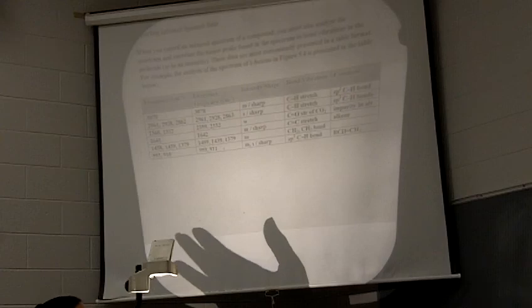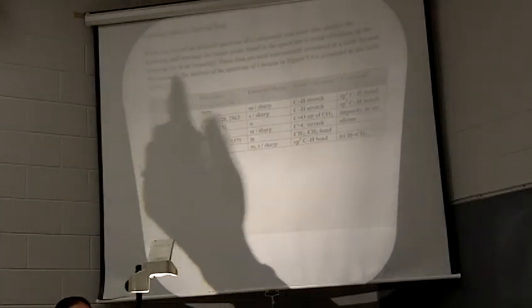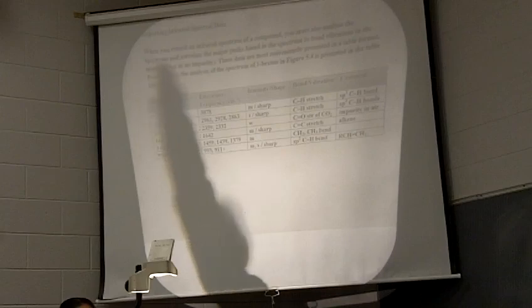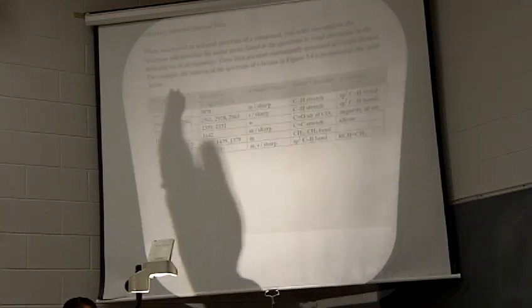Now, when you are reporting IR data, you're going to use this table. This table's on page 520 in your lab manual. You want to always make sure that you use this table, okay? So we've put the table in the lab manual set up so that you use it to report your IR information.